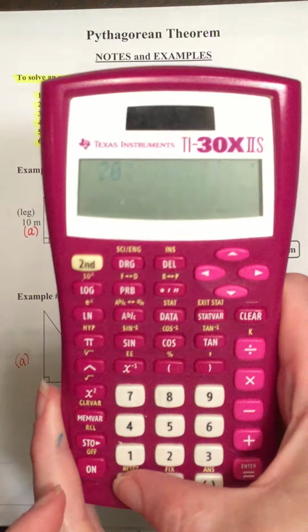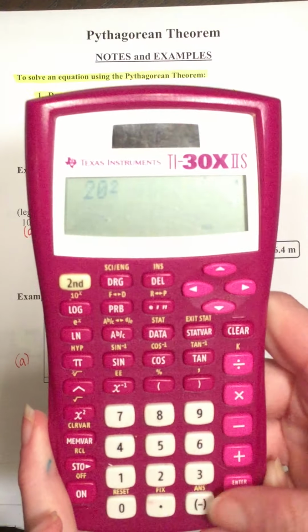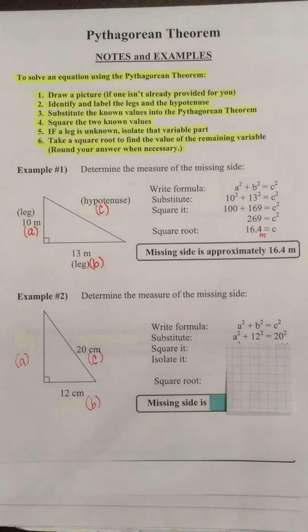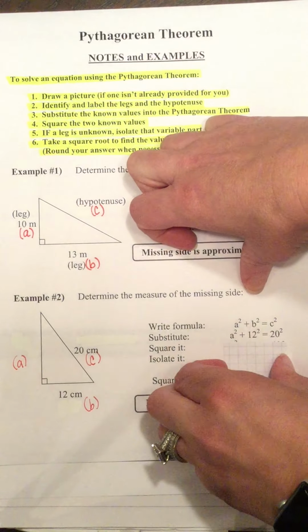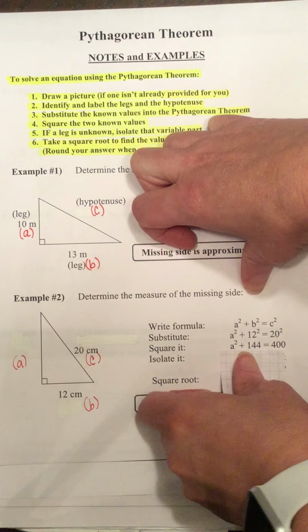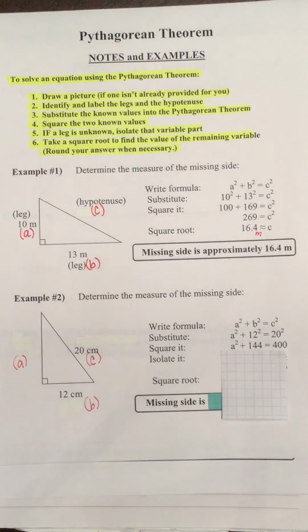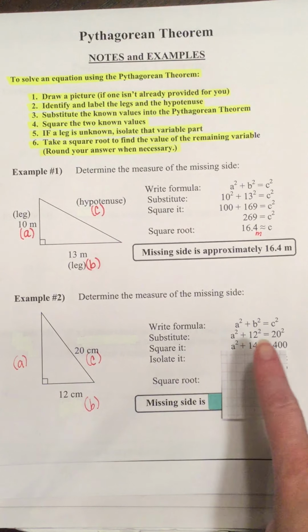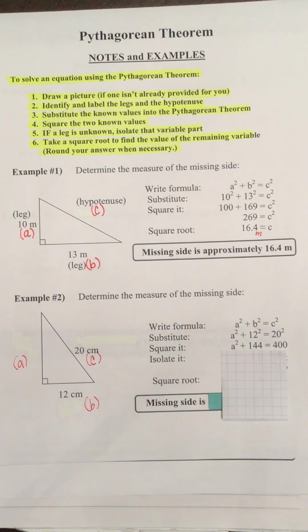When I do 20 times 20, or 20 squared, I get 400. So I'm going to fill in those values next, and I'm going to have A squared plus 144 equals 400.